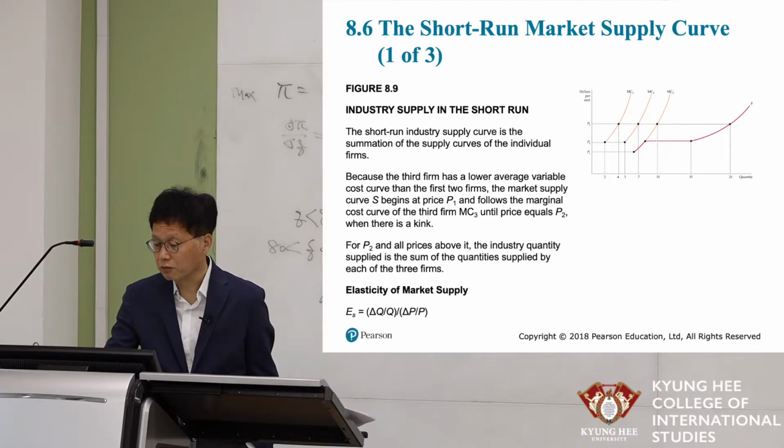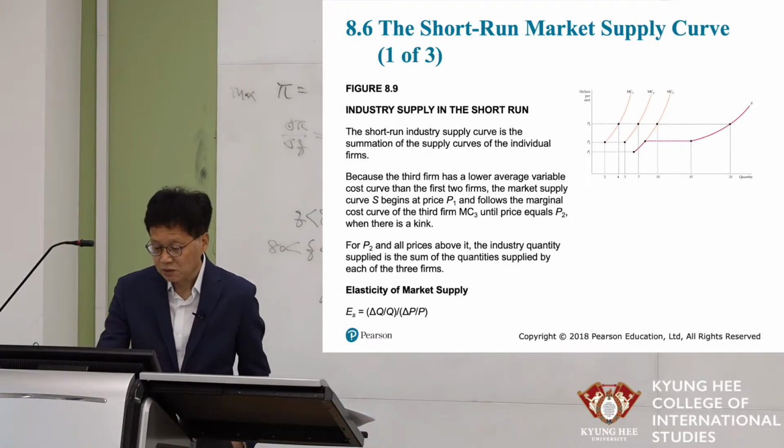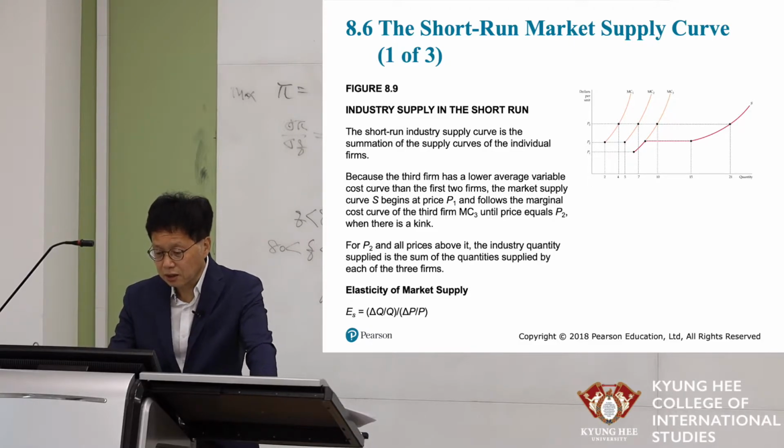The same thing happens when price is P3. Firm 1 produces this amount, firm 2 this amount, and firm 3 this amount, and the summation is this one. In this way, we can derive the market supply curve.